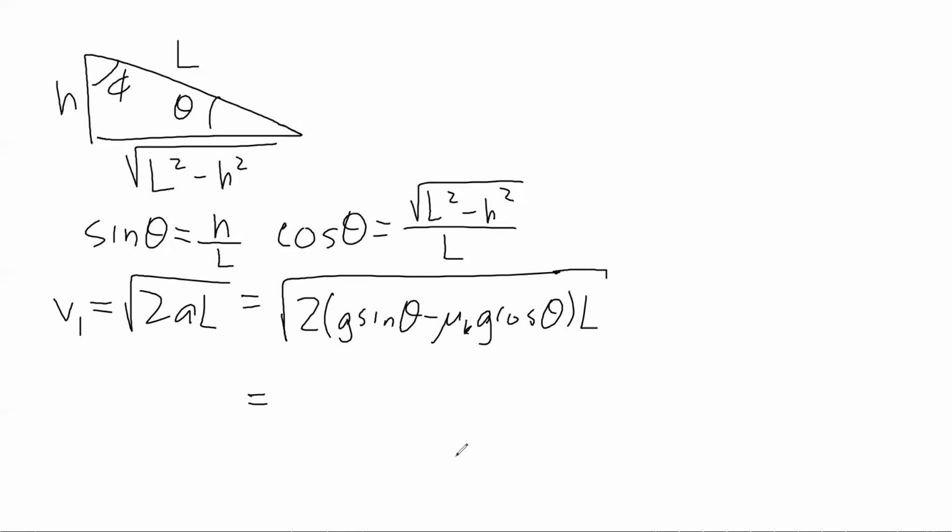And so if you replace the sine of theta with h over L, and replace the cosine with that square root over L, the L's cancel, and what we're left with is something like this. So I'm going to factor out the G, 2G. Oh, sorry, there's another equal sign there.